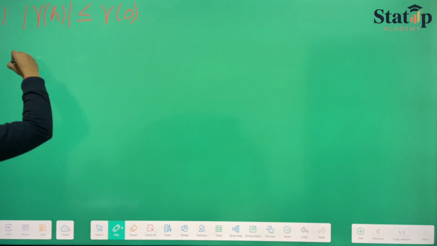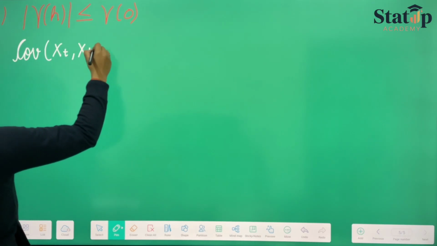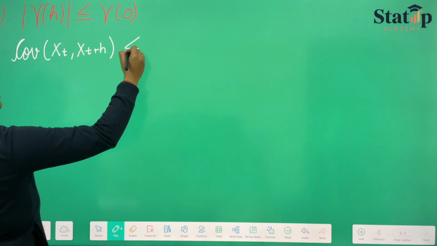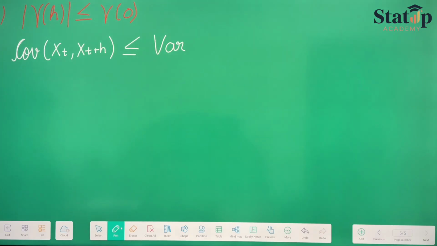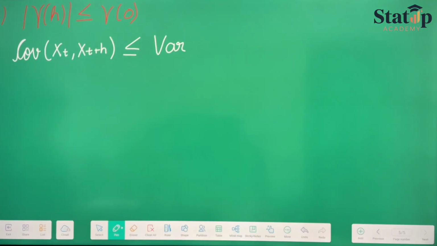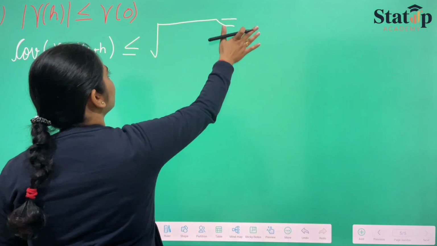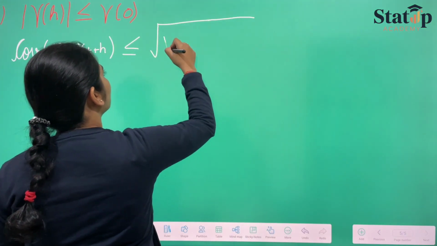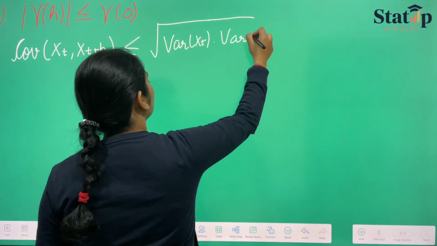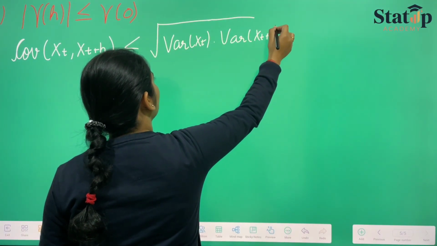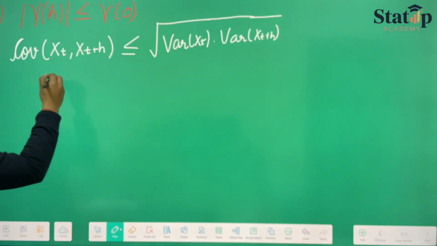We know that the covariance between xt and xt plus h is always less than equal to under root of variance of xt and variance of xt plus h. This we all know. So I'm just replacing the value.